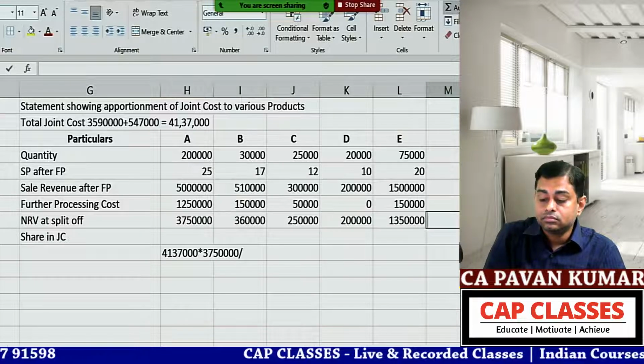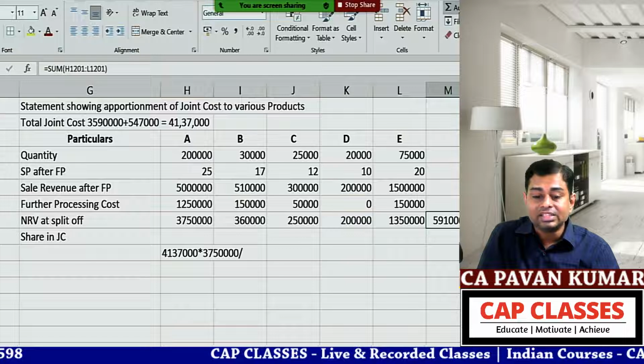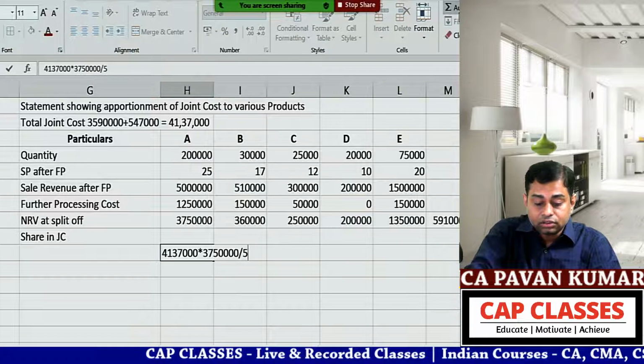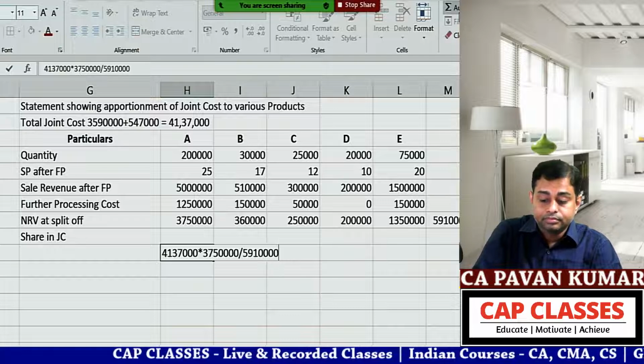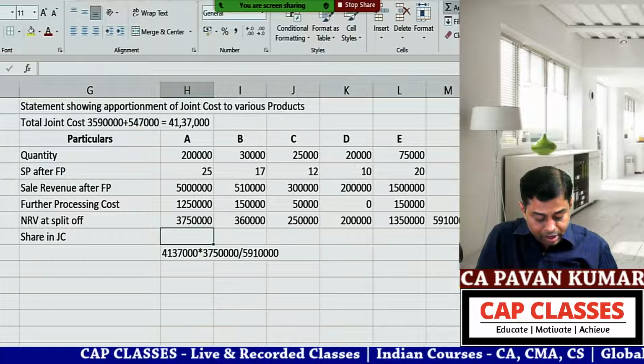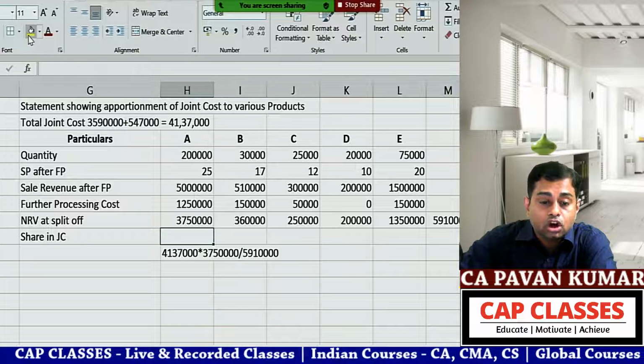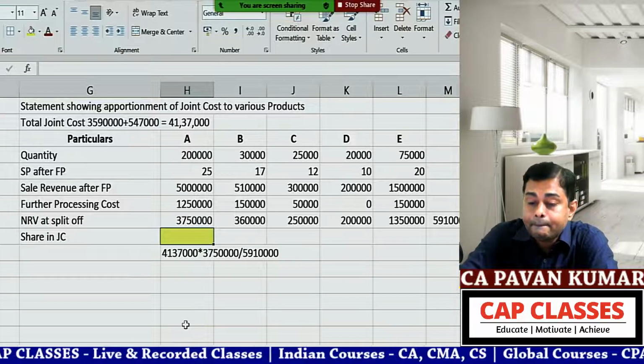59,10,000, sir. 59,10,000, correct. Divided by 59,10,000. Can you calculate and tell me how much I should put in this yellow box?